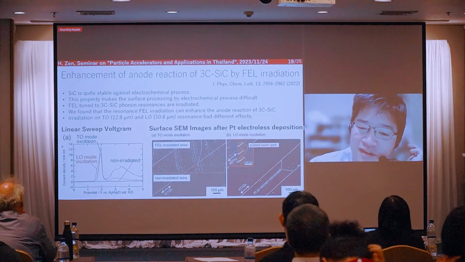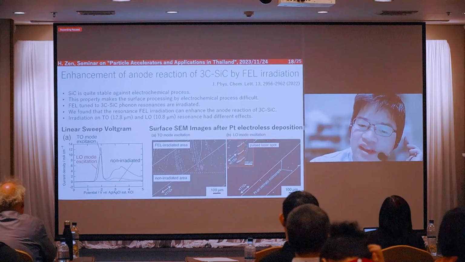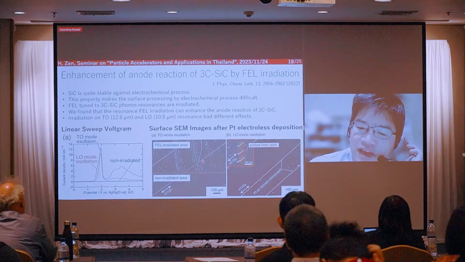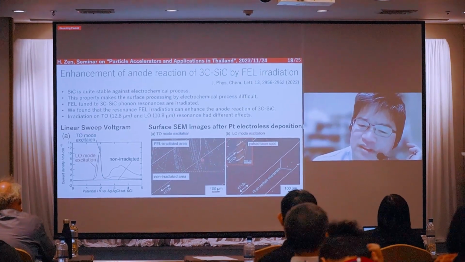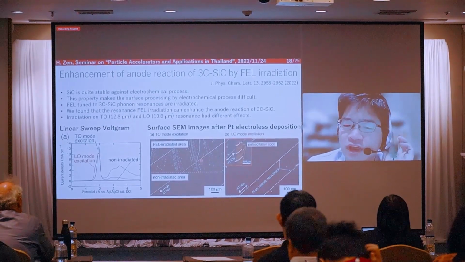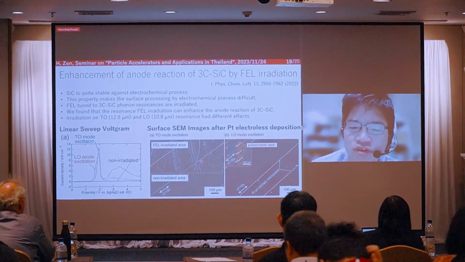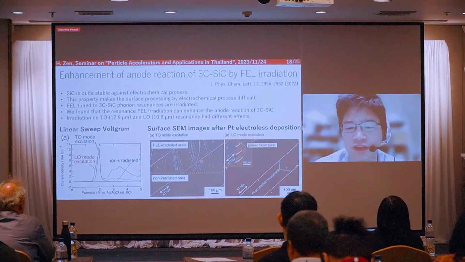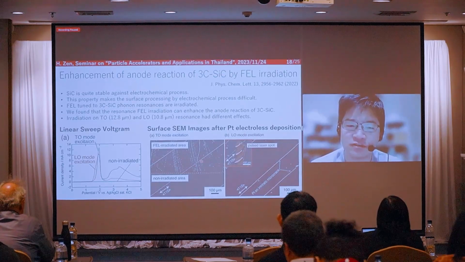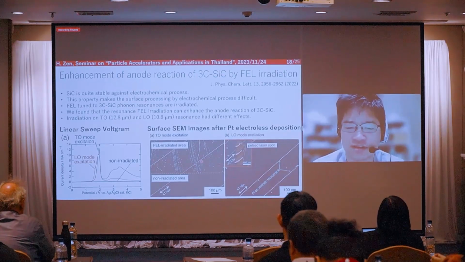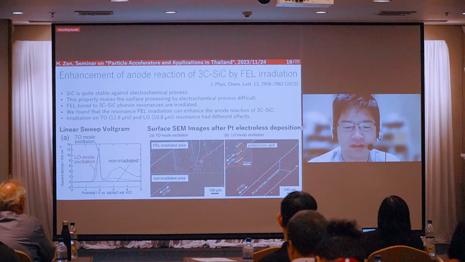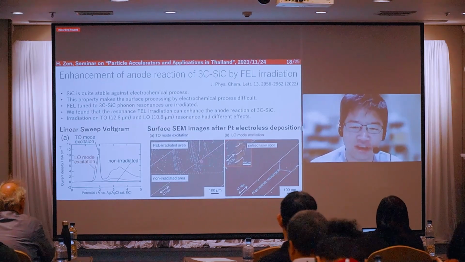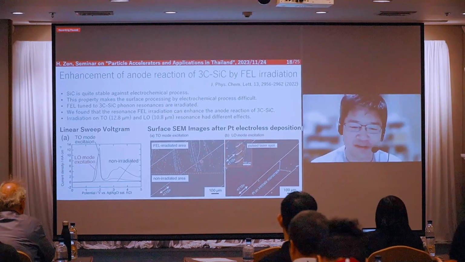So this is a kind of permanent change induced by some very strong photo excitation or phonon excitation, a permanent creation of some kind of defect in the surface area of the silicon carbide, and you don't need to care about how long.